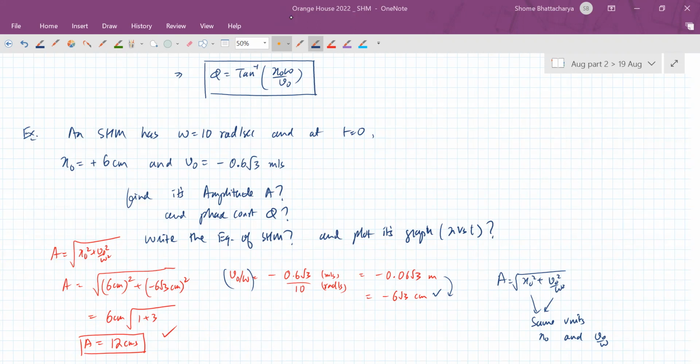Okay. Same thing you have to do when you use the relation for the phase constant also. Make sure that x naught and v naught are in the same units. So if x naught is in centimeters, v naught should be expressed in centimeters per second.